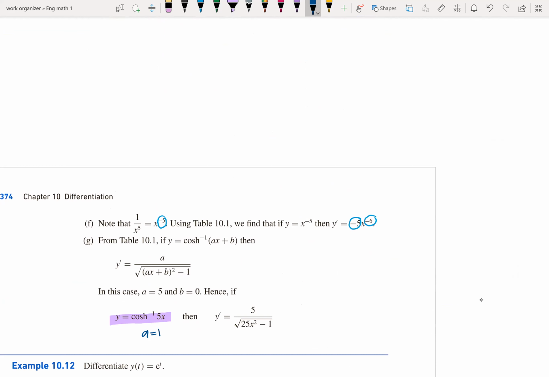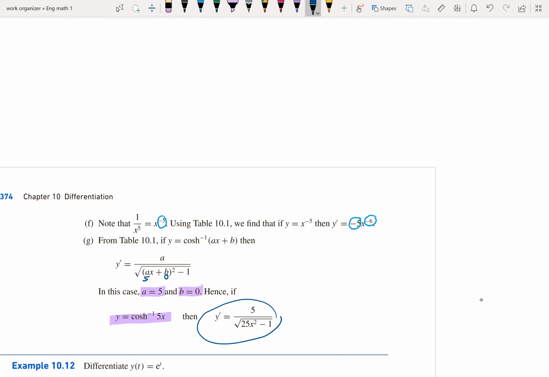Sorry, A is 5. B is 0. So we just convert the A into here. It is 5 here, and then 0 here. So this is the answer.